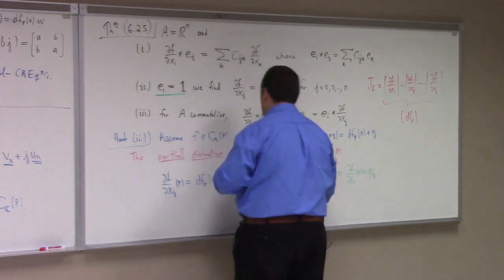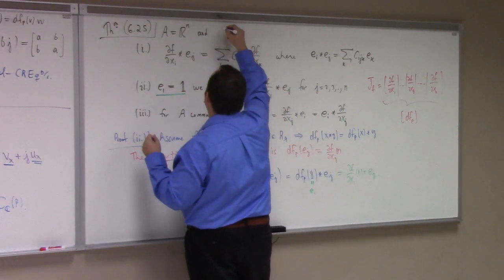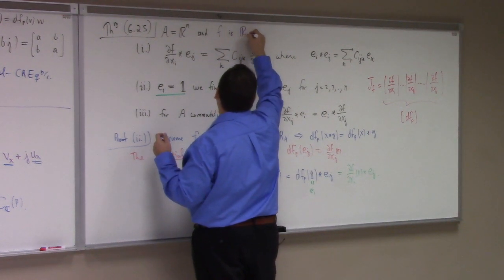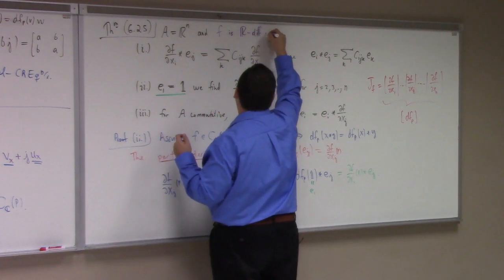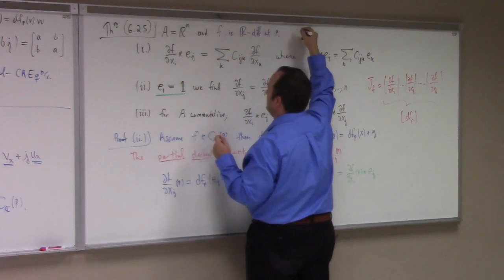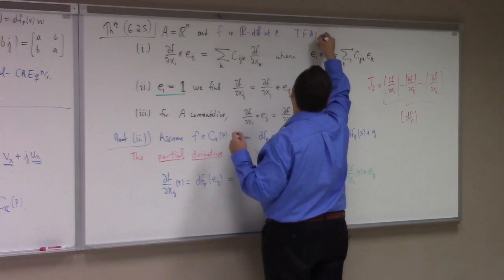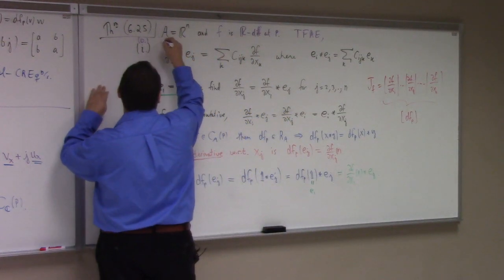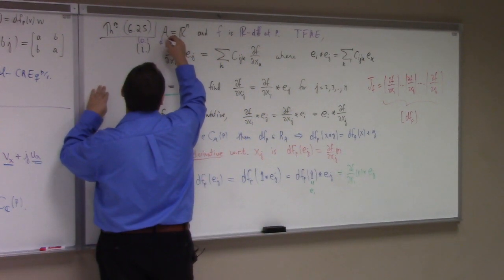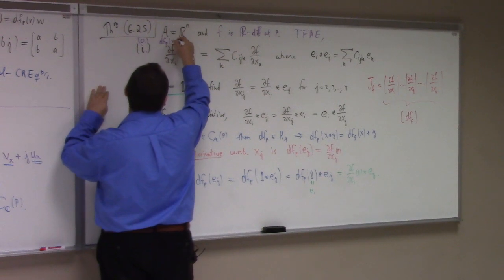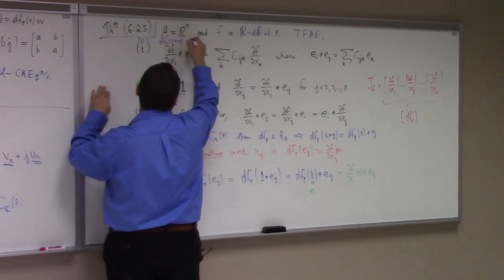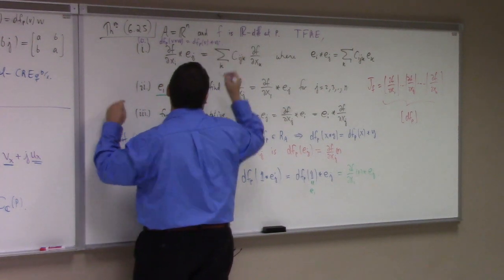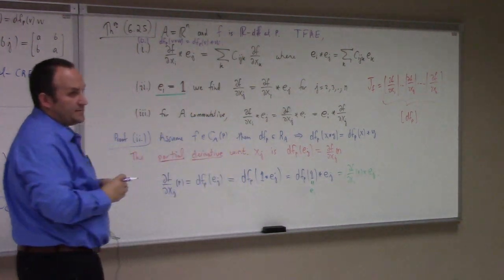Let's say it this way: F is real differentiable at P. The following are equivalent. Maybe part 0 would be that dFP of V times W is equal to dFP of V times W. That may be a better way for me to communicate what I'm trying to communicate here. Fair enough.